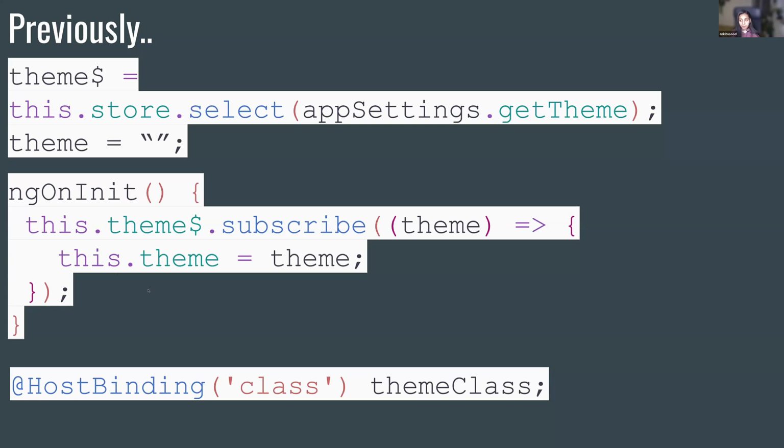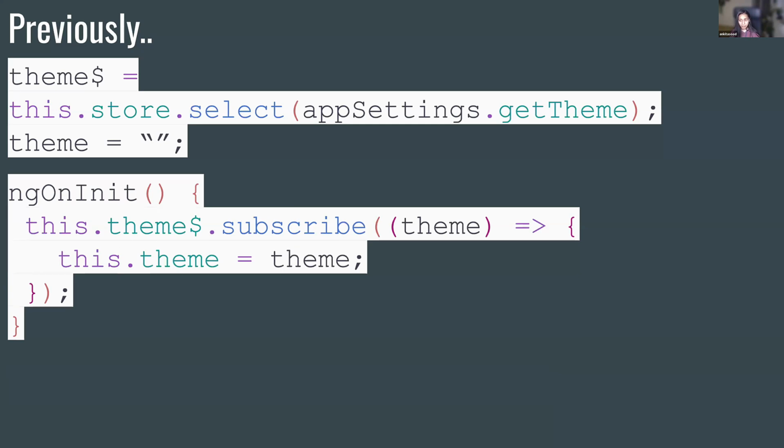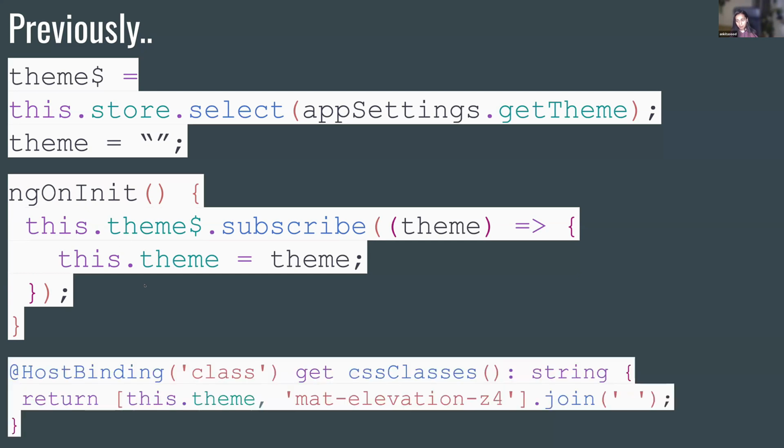And if that's not the only class you want to apply, and you want to apply a combination of what you read from an observable and a static value, then it gets even more verbose. You have a getter, you have all these string concatenations and all the things going on. That seems quite hard to follow and understand.